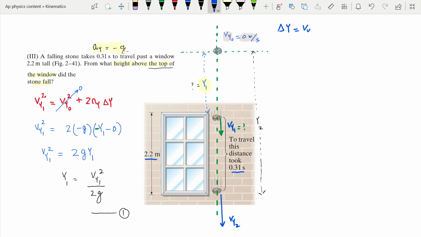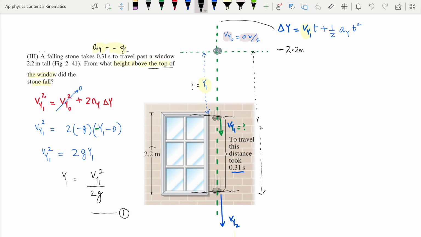In this equation, vy1 is clearly the initial velocity, and time t is 0.31, plus 1 over 2 a y t squared. Now what is the displacement covered here? The displacement covered from this point to this point, as you can see, is 2.2 meters, but due to the direction, it should be negative 2.2 meters.